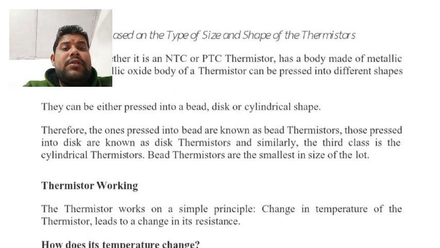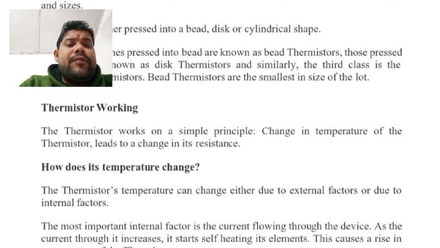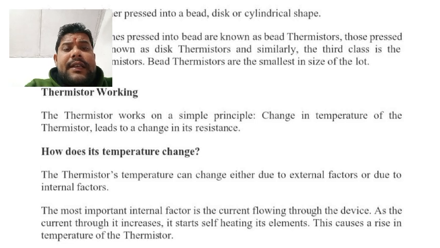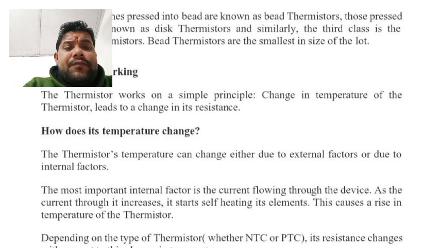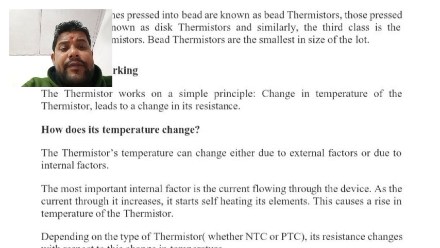Thermistor working. How does a thermistor work? A thermistor works on the principle that a change in temperature of a thermistor leads to a change in resistance. How does the temperature change? The thermistor temperature can change due to either an external factor or an internal factor.